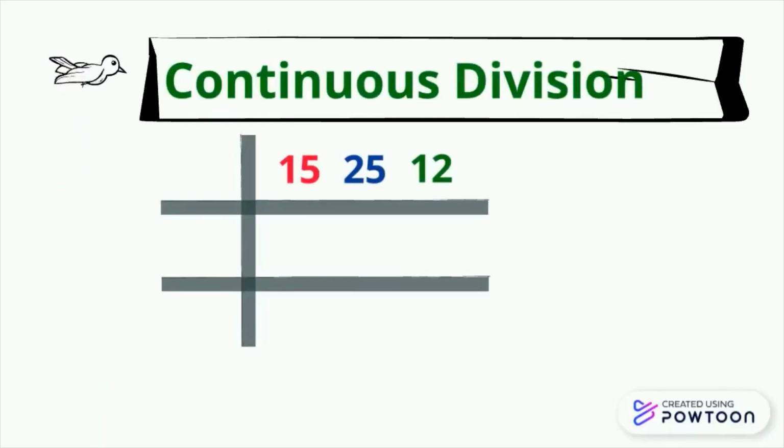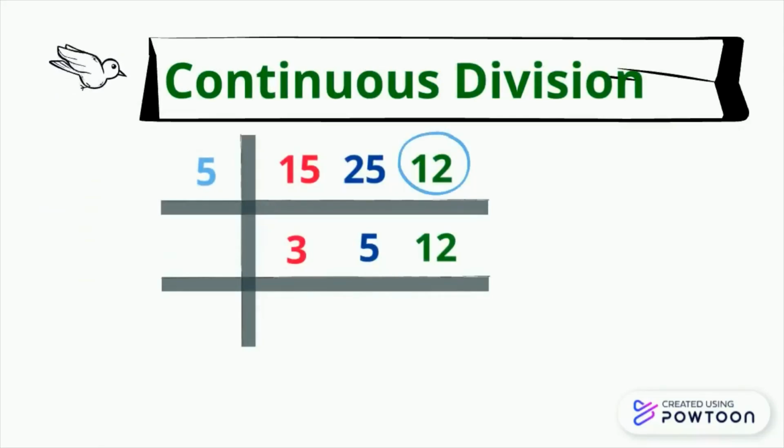As we divide 15 by 5, the result is 3. 25 by 5 is 5. Since 12 is not divisible by 5, copy the numeral 12.